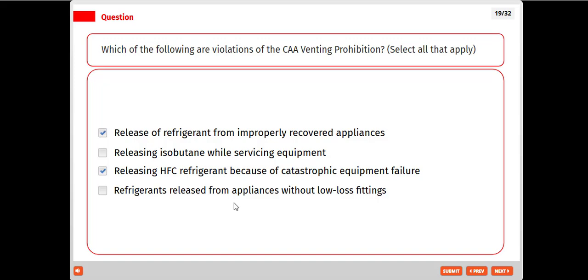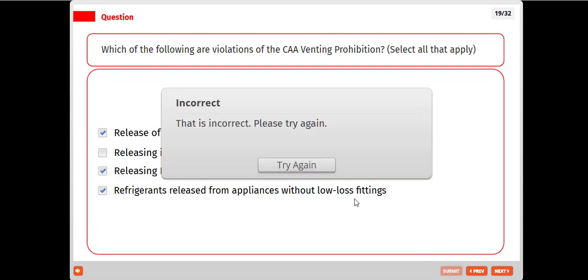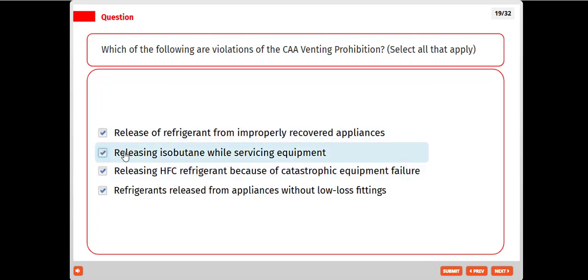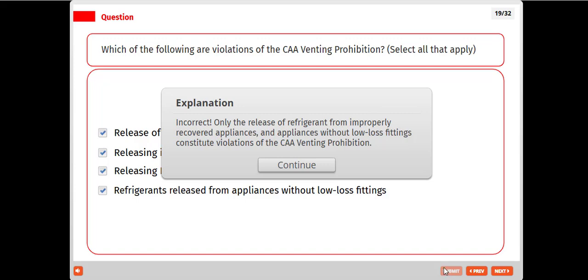Refrigerant release from appliances without low-loss fittings. Only the release of refrigerant from improperly recovered appliances and appliances without low-loss fittings constitute violations of the CAA.